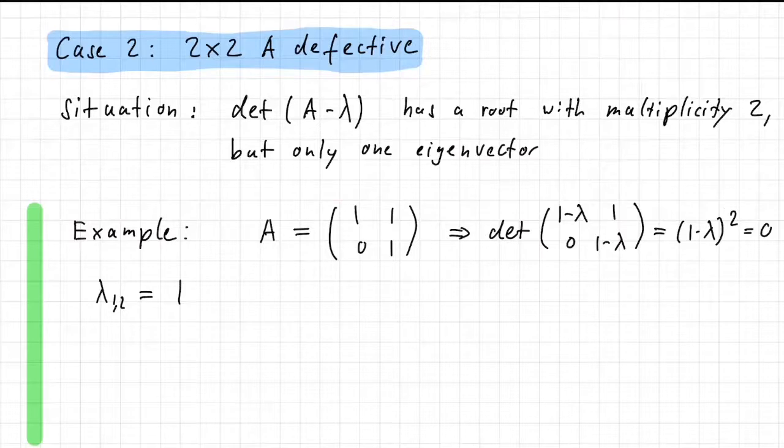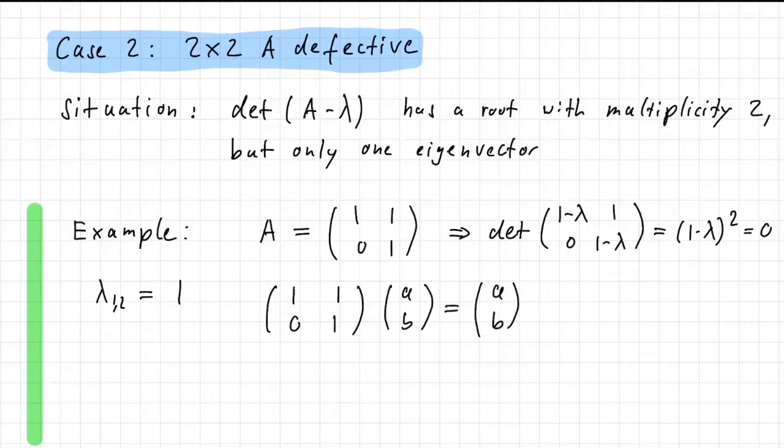Okay, so let's now solve for the eigenvectors. We need to do the matrix 1, 1, 0, 1 times the vector (a, b) equal to 1 times (a, b). And that just gives us that a plus b equals a and b equals b. Now, the second equation is just trivial, of course, but the first equation tells us that b equals 0.